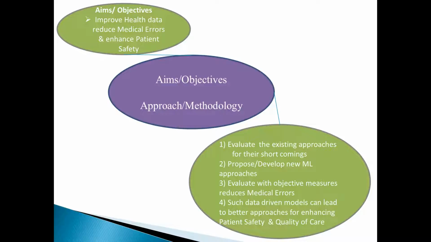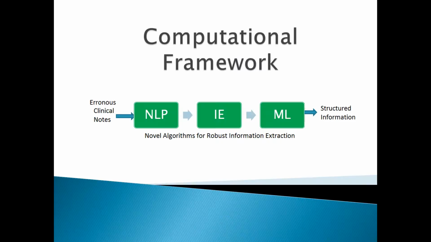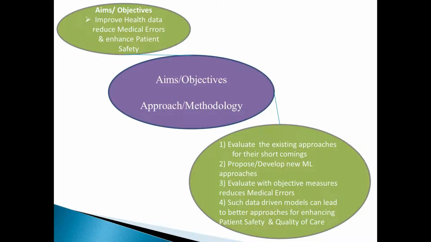We need to evaluate them and come up with several new machine learning approaches based on the different types of text notes that have been studied, and then evaluate with objective measures of how much error has been reduced and what level of benefit was achieved.